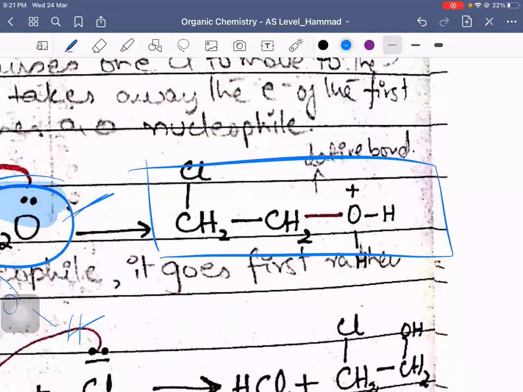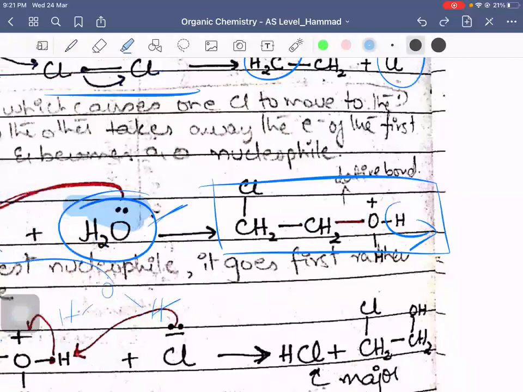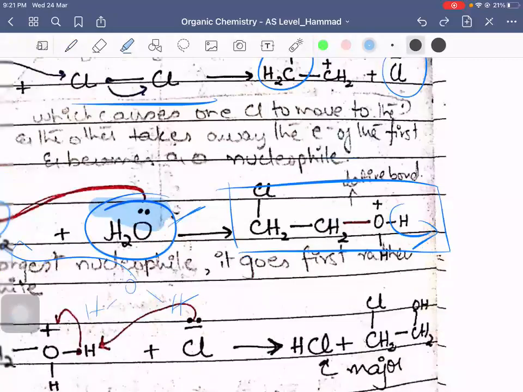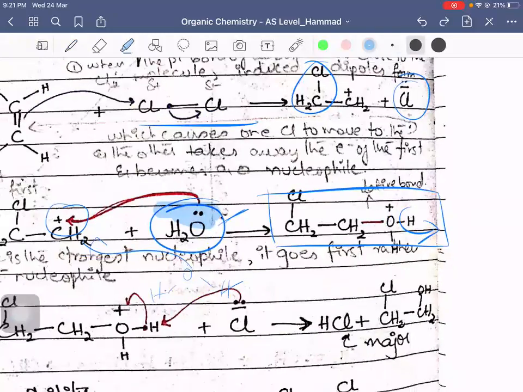Oxygen being in group 6 cannot have three bonds, so it will have to let go of one of its bonds. It will remove a hydrogen instead of getting itself removed from here because it has just made this bond and is not ready to go back to its initial state. So removing a hydrogen is more feasible, right?